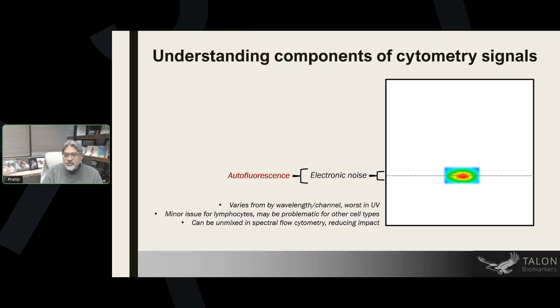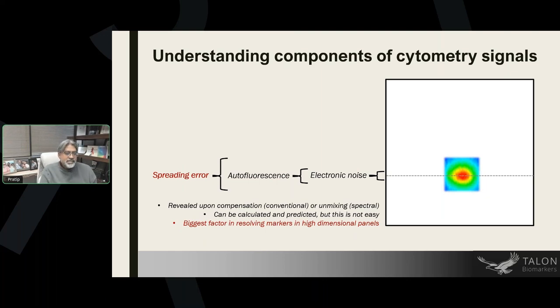With conventional flow cytometry, there's not much you can do about this, but with spectral flow cytometry, you can actually get a signal for the autofluorescence that can be unmixed almost as a fluorochrome, and so you can reduce the impact of autofluorescence by unmixing for it, and that's a feature that's available across many cytometry platforms. The biggest component in background, and perhaps the most important part of our cytometry signals, is spreading error.